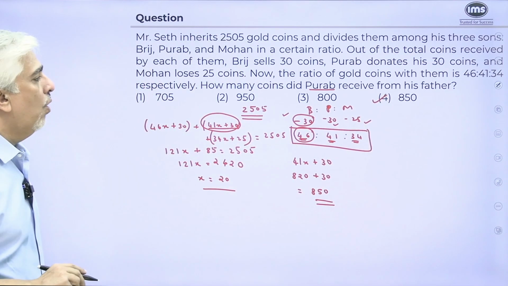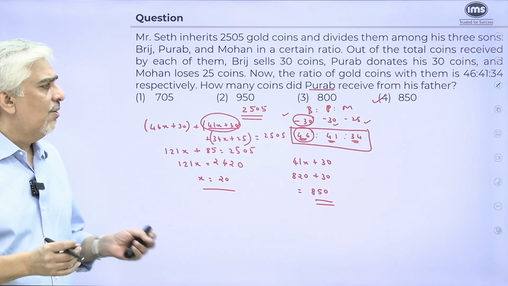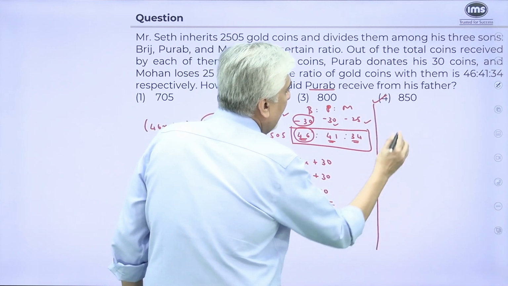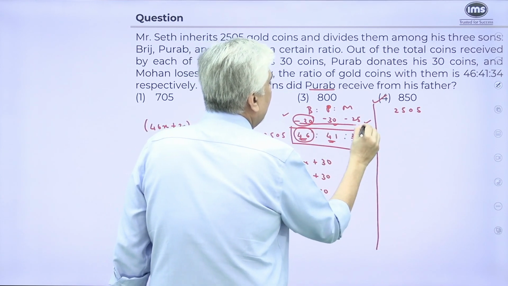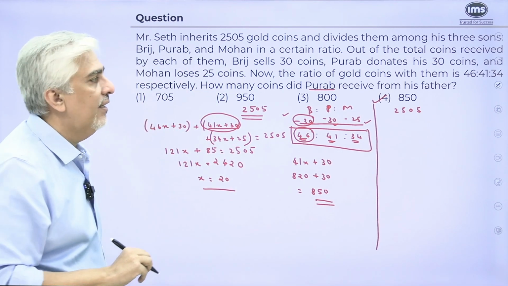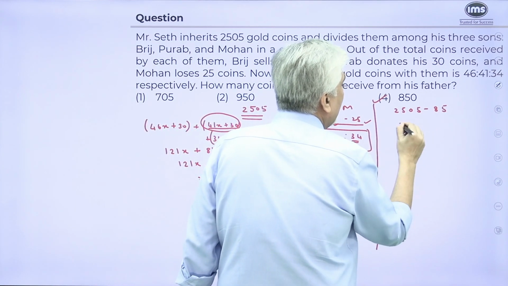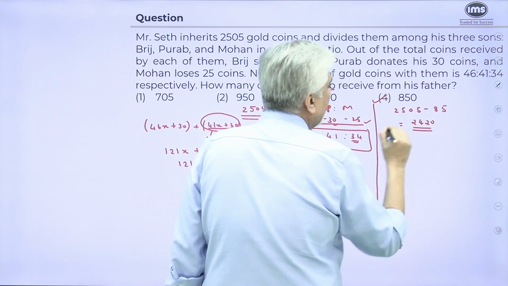Now, what is the other approach you could have used for this question? What other method can I use? One other approach is, from 2505 first subtract these three, 30, 30 and 25, that is 85. So instead of distributing so many coins, let's assume the father distributed only 2420 coins.